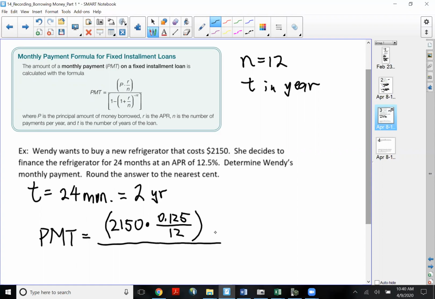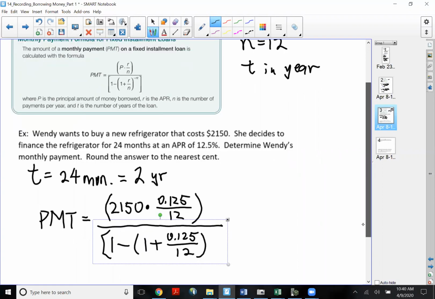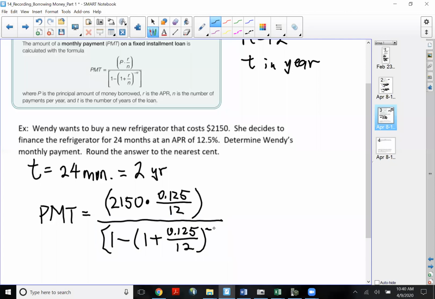The whole thing divided by, brackets, 1 minus parenthesis, 1 plus R over n. All right, this is the trickiest part. The whole thing raised to the negative nT power. So that would be negative n, which is 12, times T, which is 2 years.